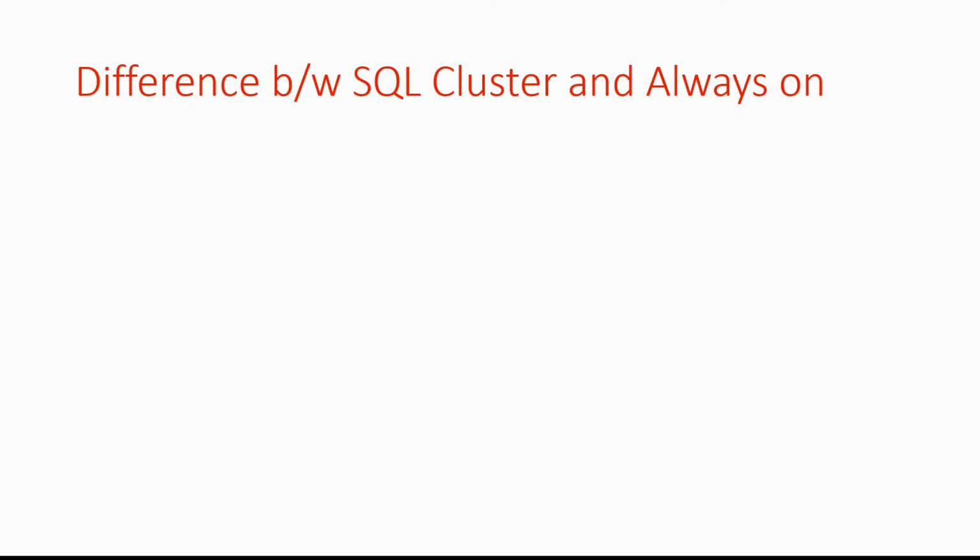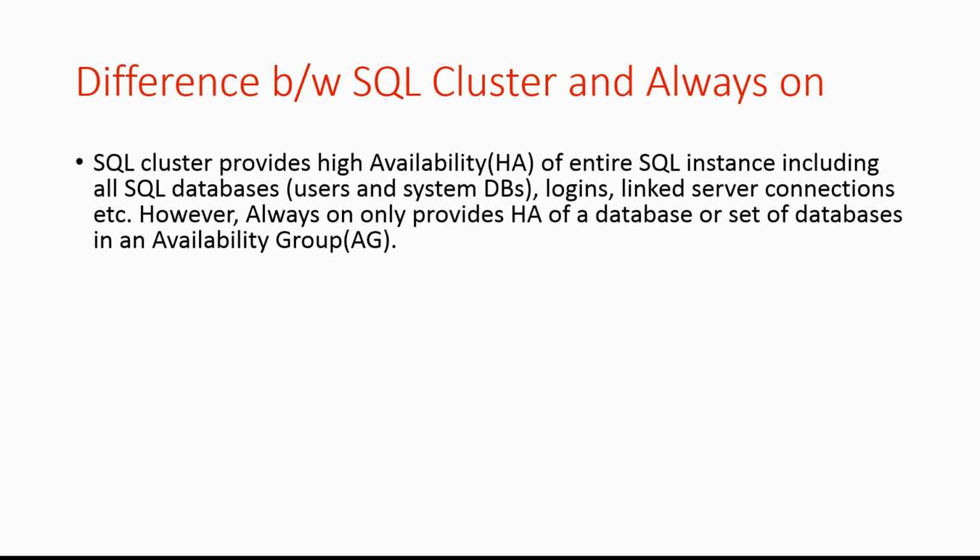Now let's also talk about the difference between SQL clustering and Always On. The first difference is that SQL cluster provides high availability of the entire SQL Server instance, which includes all the databases, the combination of user and system databases, linked servers and logins. However, Always On only provides high availability of a database or set of databases which are in an availability group.